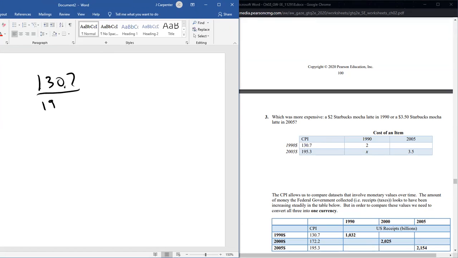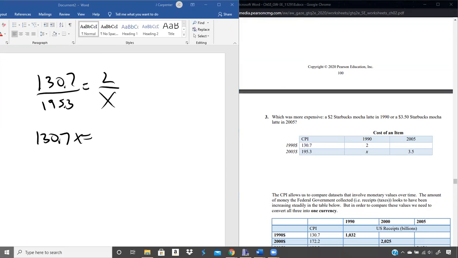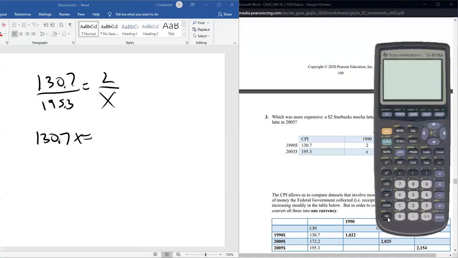We're going to rewrite our problem. 130.7 over 195.3 equals 2 over x. Cross multiply, you get 130.7x equals, in the interest of time, since you saw it written once at least, 195.3 times the 2, and that's 390.6.